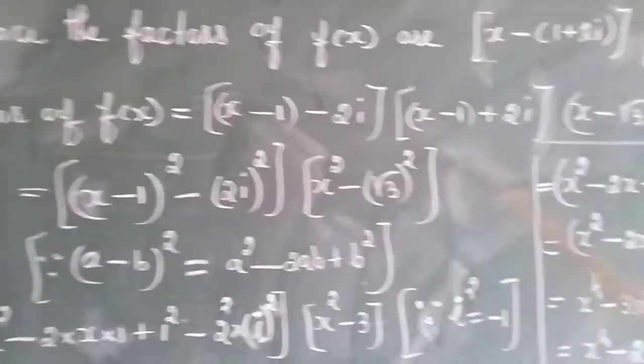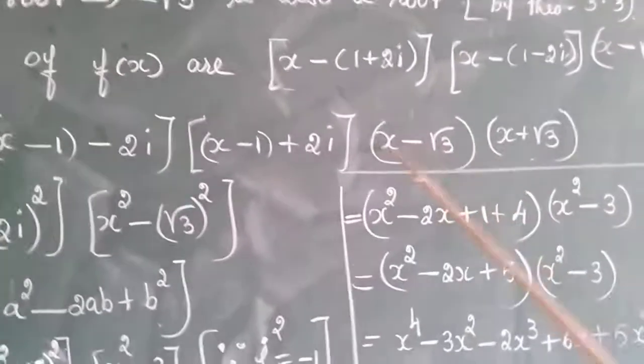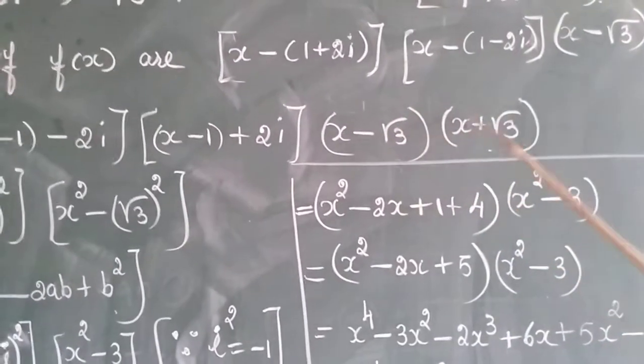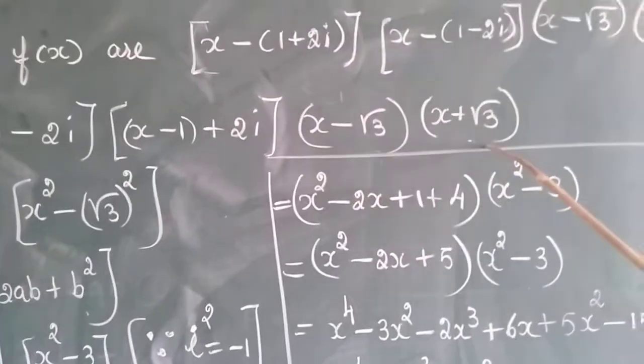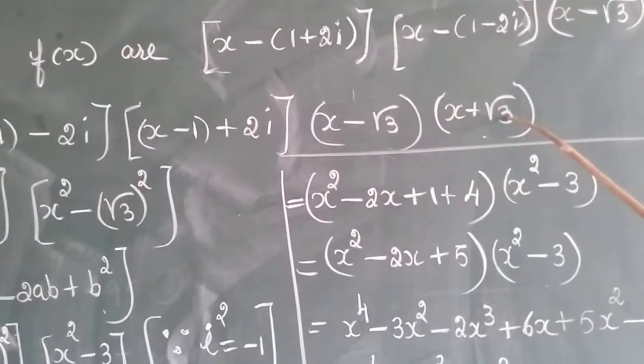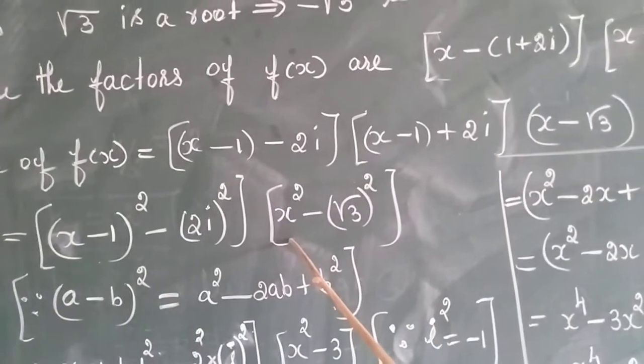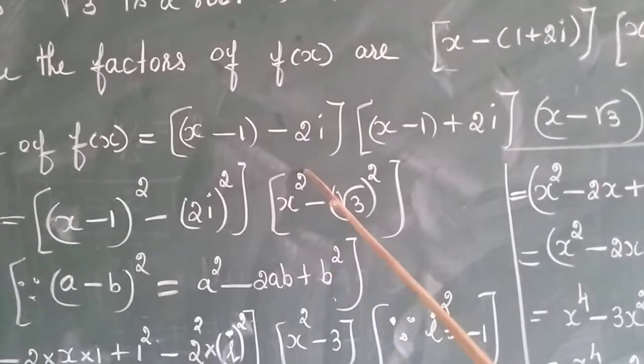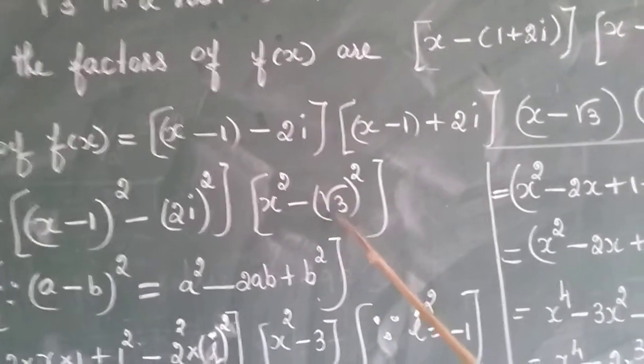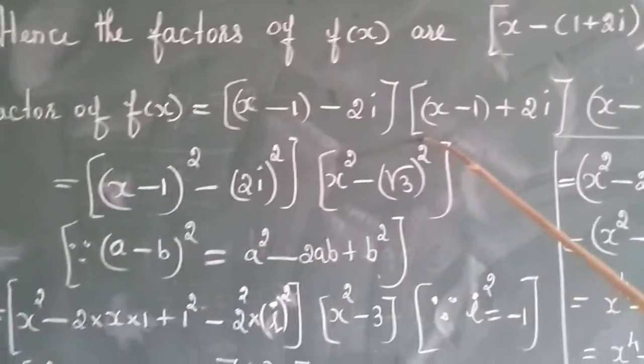The same way here, x minus root 3 and x plus root 3 is also in the form of a plus b into a minus b. So we can write x square minus b square, that is root 3, the whole square.